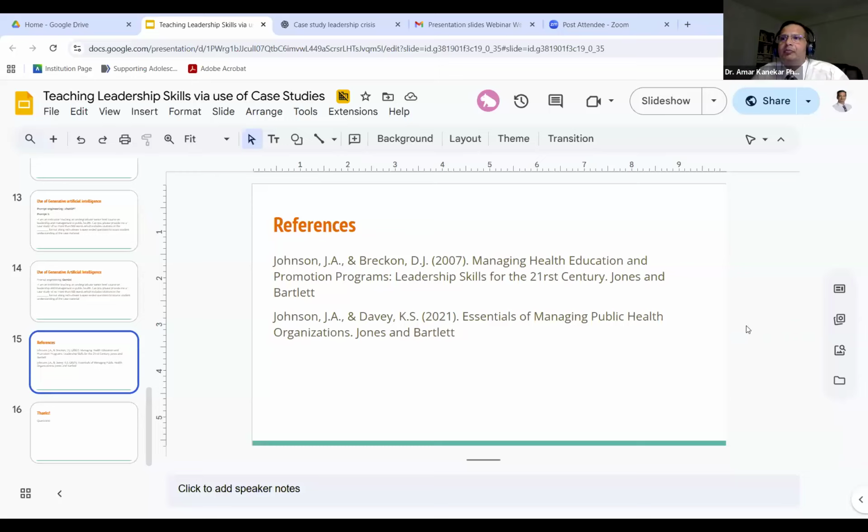Great. I think this will be probably our last question. What are the specific elements in case studies which improve students' and public health professionals' understanding of leadership skills in public health? Yeah, so the elements are, I think, critical thinking. That is the biggest element, because all these questions make students think about that particular scenario, which is very real world. It's not something which they will not come across.